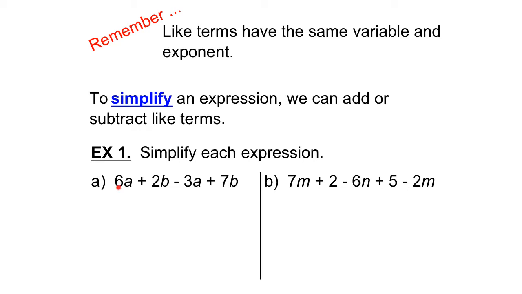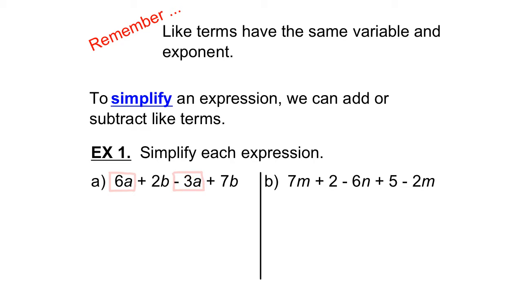So in the first example, 6a plus 2b minus 3a plus 7b. What are the like terms? Well, 6a and minus 3a are like terms because they have the same variable and the same exponent on the variable. Now don't forget, the sign in front of the term is the sign of the term.